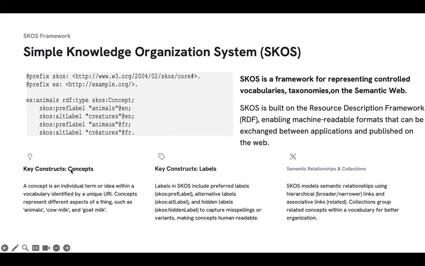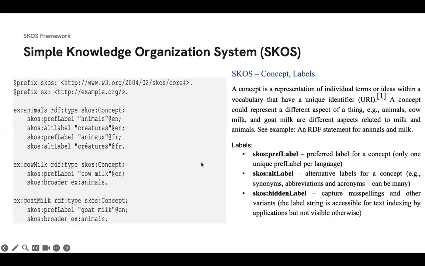Again, we have concepts, we have labels. So generally, when you look at this, you realize here we call them prefixes, and after that we have concepts, and for each concept you can see there is some information here.